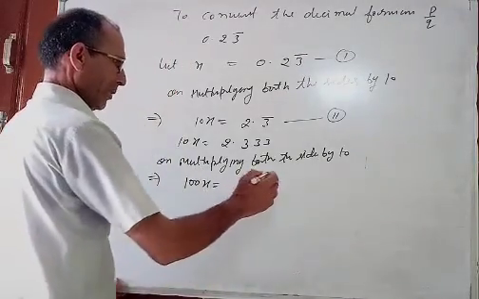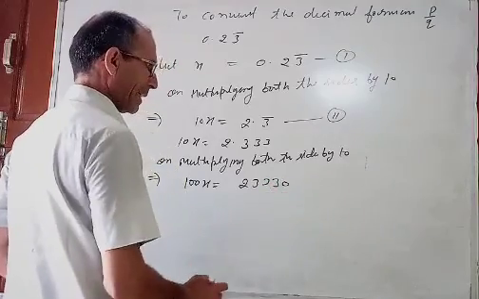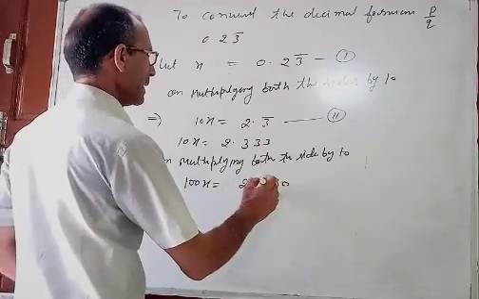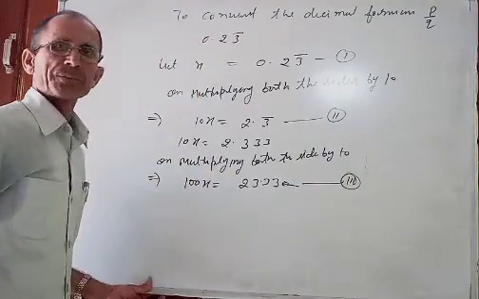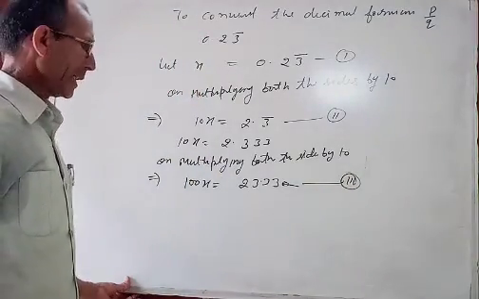Decimal should be after 3 digits, so it will cancel. This is equation number 3.